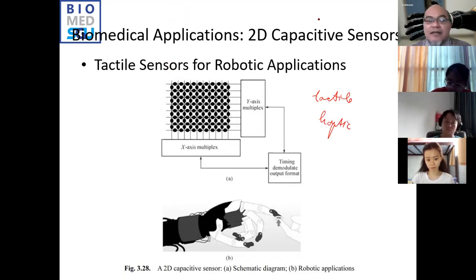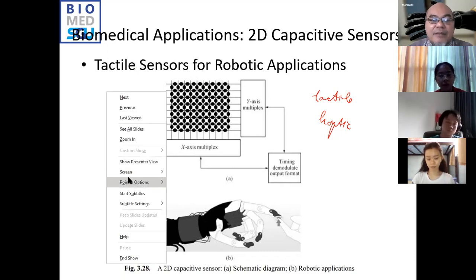Haptic is related. Tactile is more on touch sense. Our touch sense is tactile. Especially our finger, for example, has hundreds or even thousands of sensory neurons attached to the surface of the skin in the finger, right?